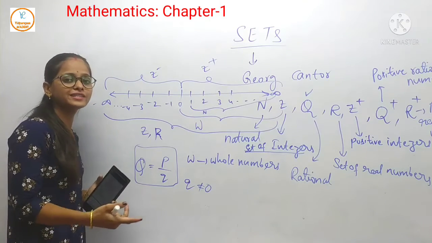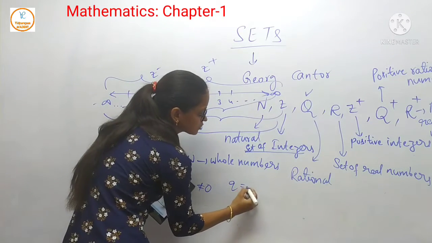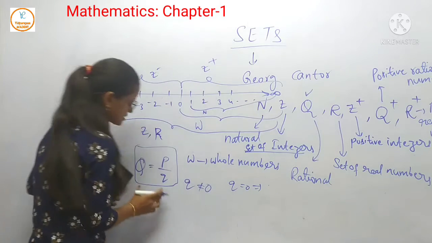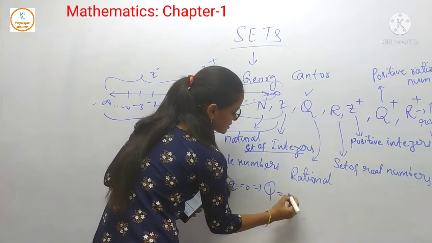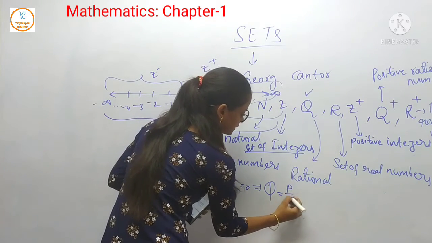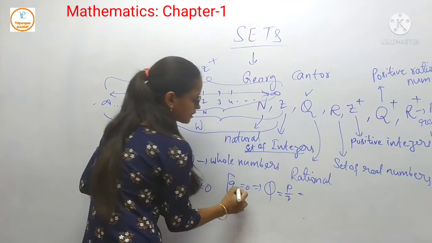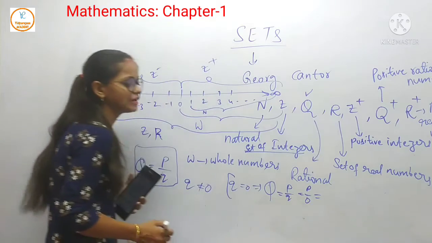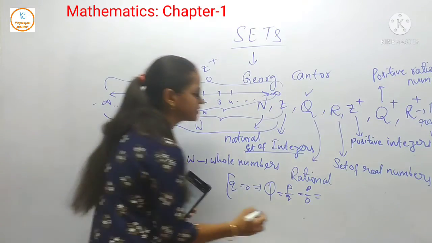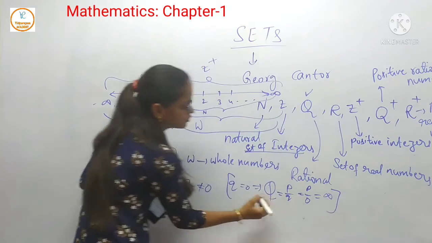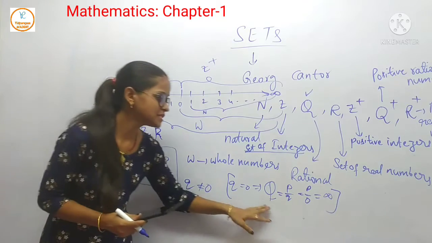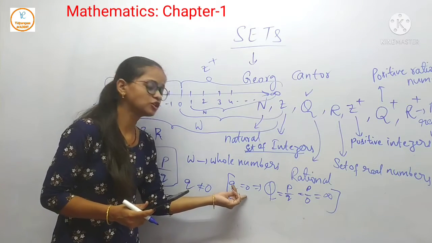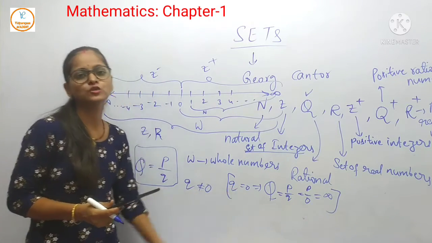To know that, let's take Q equal to 0. Then the rational number P by Q becomes P by 0. What will be the value then? It is infinity. So we are getting the rational number as infinity if we take the denominator as 0.